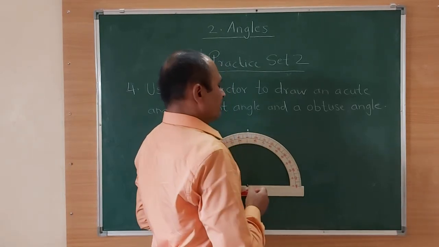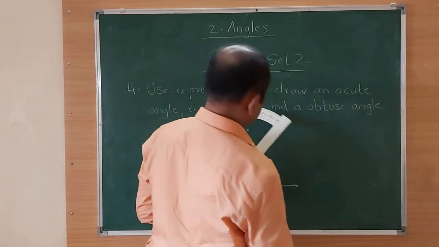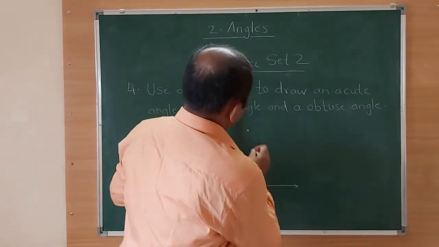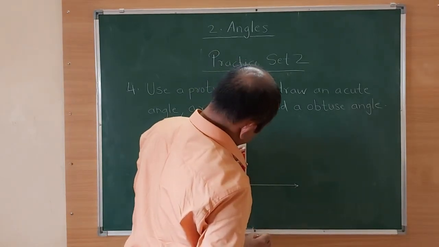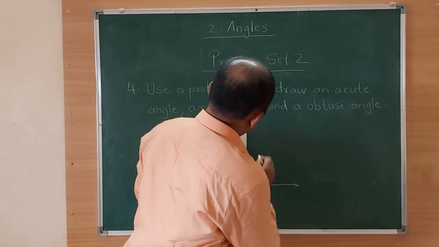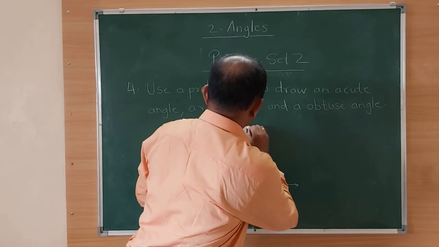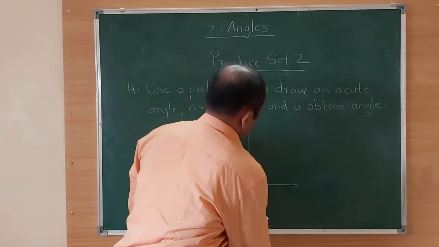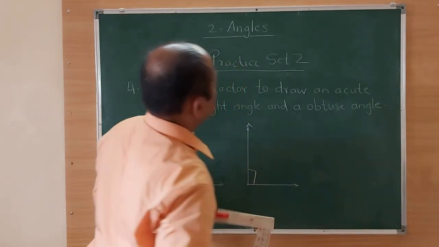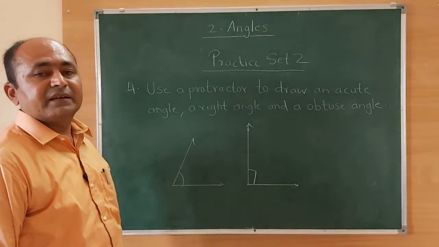You can mark it with your pencil. Whatever point you have marked, join that point with the vertex. So this is the right angle you get.